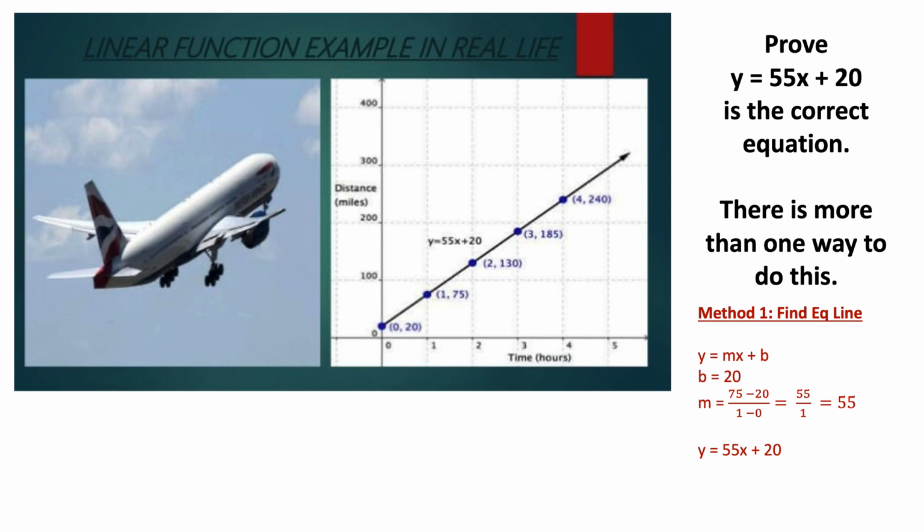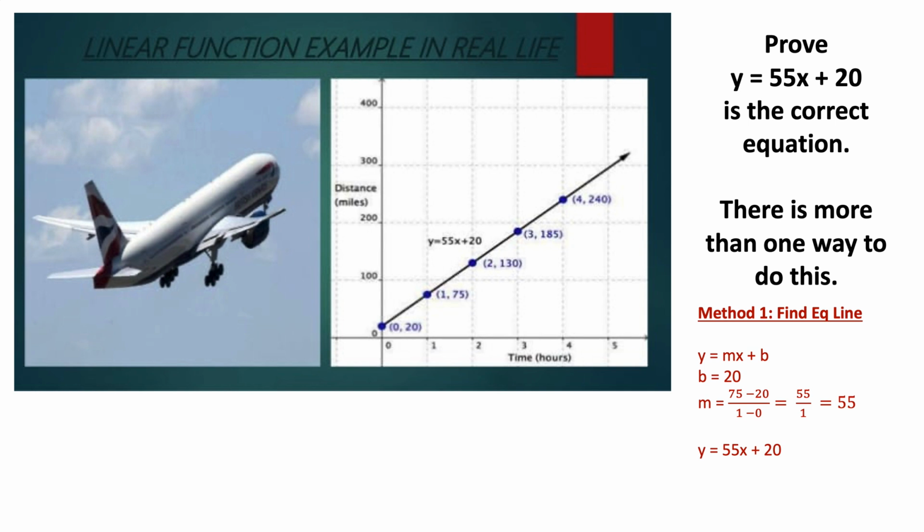And then I need y equals mx plus b. I also need the slope. And I just used the first 2 points here, and I did 75 minus 20 over 1 minus 0. So that gives me 55 over 1, which is 55. And yes, plugging in a 55 for the slope and a 20 for the y-intercept, I get y equals 55x plus 20. Correct answer. Nicely done.